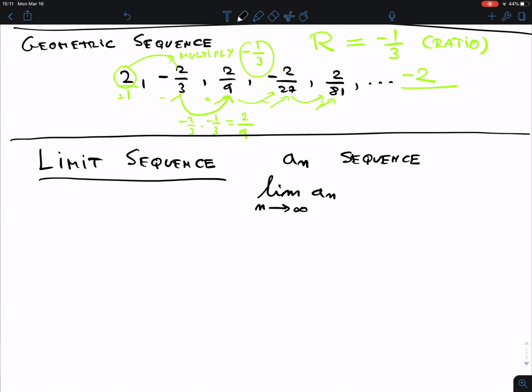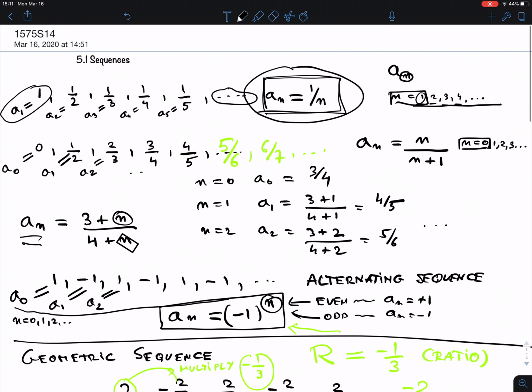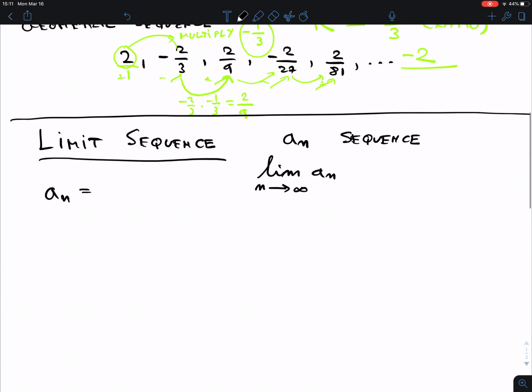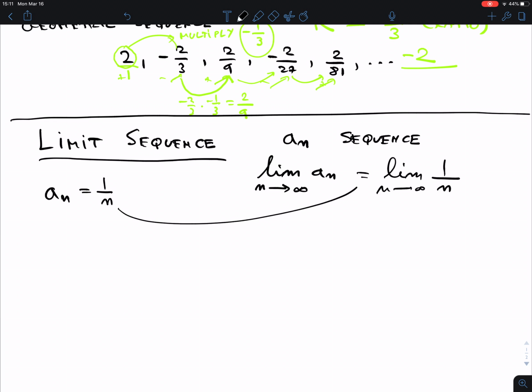Let's do this on the sequence we had. Remember, our first sequence was given by the formula 1 over n. So a_n is 1 over n. In this case, the limit is the limit for n going to infinity of 1 over n. The same techniques that we use for limits of functions apply to limits of sequences.